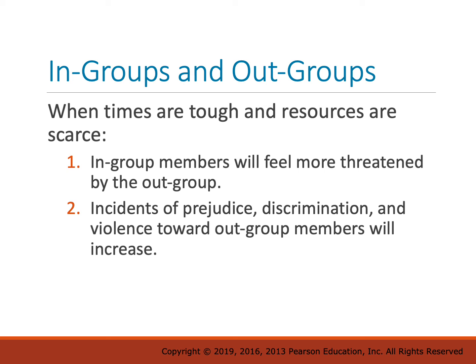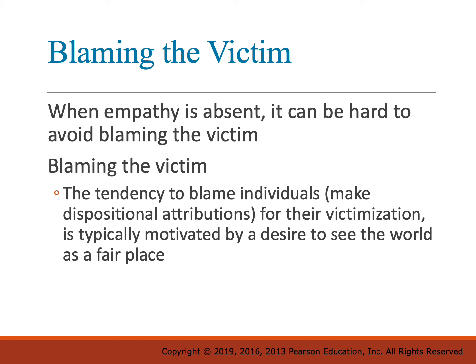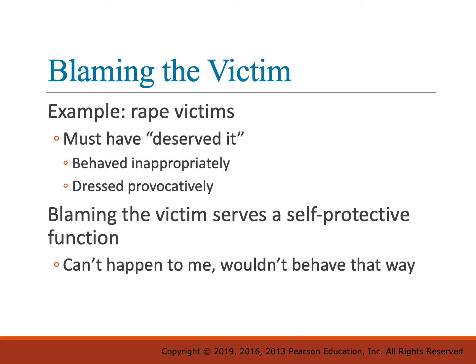So what else happens according to this theory? Well, we will also do something called blaming the victim, okay? When empathy is absent, it can be hard to avoid blaming the victim. And if they're outgroup members, then we're not going to have much empathy for them, okay? For example, rape victims.